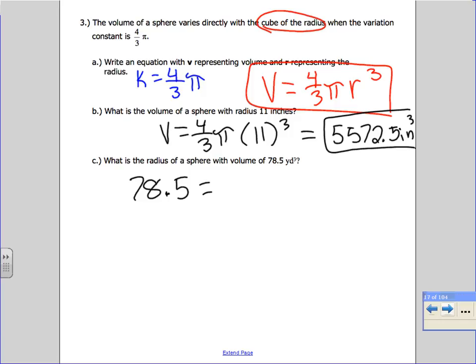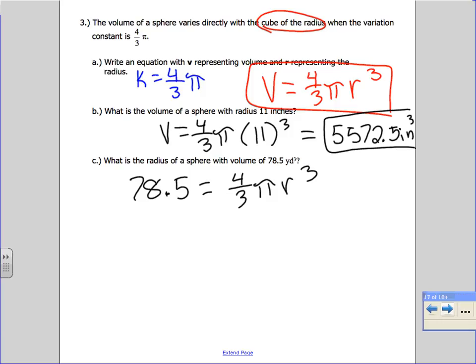If the volume is 78.5, we need to find the radius. So 78.5 equals 4/3 pi r cubed. Here's what I did. I want you guys to take 4/3 times 3.14, and I did this all in one step.